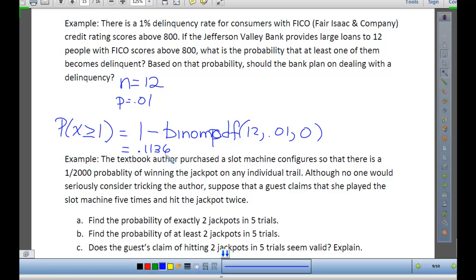Based on that probability, should the bank plan on dealing with a delinquency? Yes. Okay, remember we said that when the probability is 0.05 or less, we consider that to be unusual, but this is more than that, so we would say it's likely that they're going to have to deal with at least 1. Okay, questions about that?